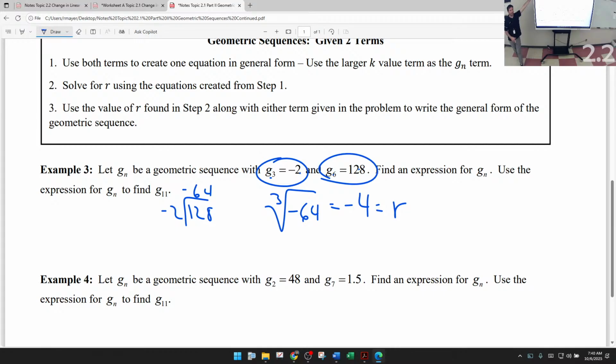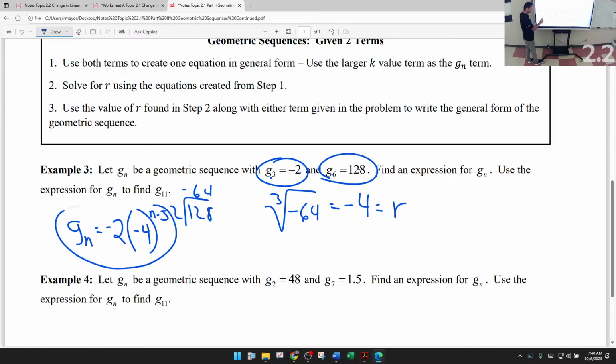I always use the smaller one. And so we'll say g of n equals g of 3, which is negative 2. Now r is negative 4. And then I got n minus 3. That's a 3.